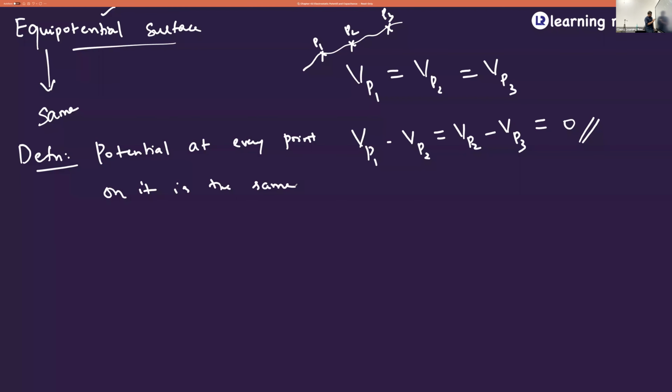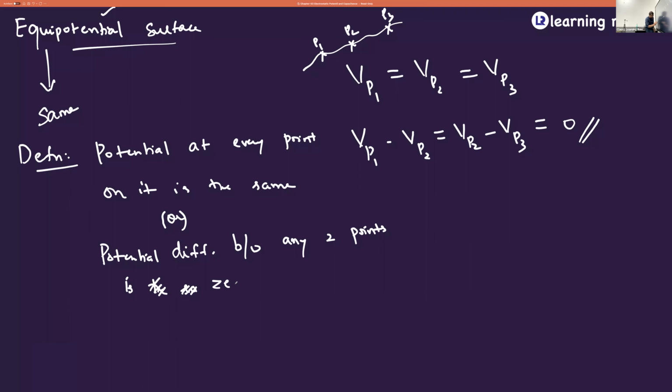Second, that is the OR definition for it, is potential difference between any 2 points is 0. So potential at every point on it is the same, or potential difference between any 2 points is 0.